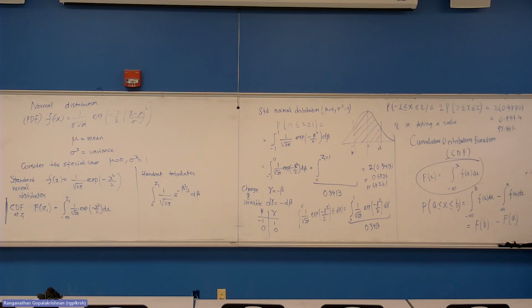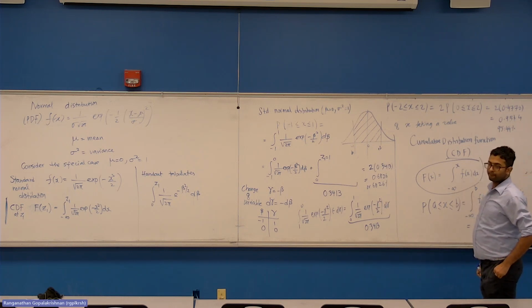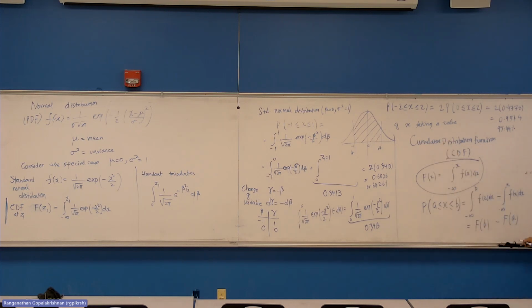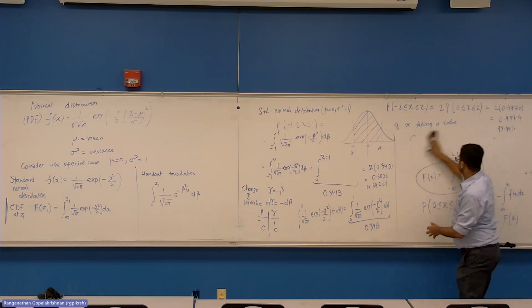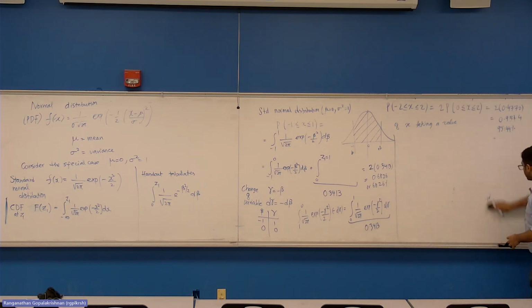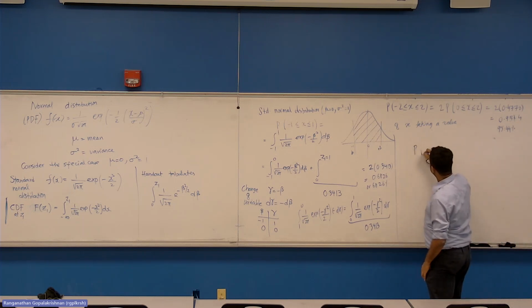But if you want to see between a negative and a positive value, you would add the value from 1, which is 0.3413, plus. Okay, let's do that. Let's do an example. Thank you for suggesting it. I want to know what percentage of the values lie between -2 to 1.